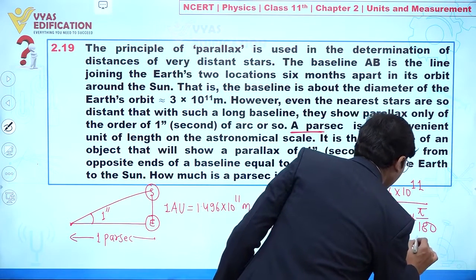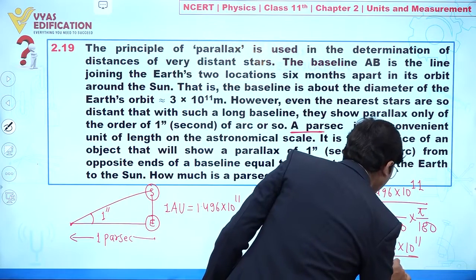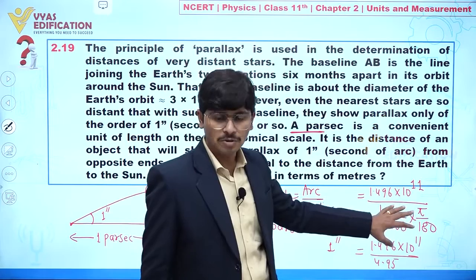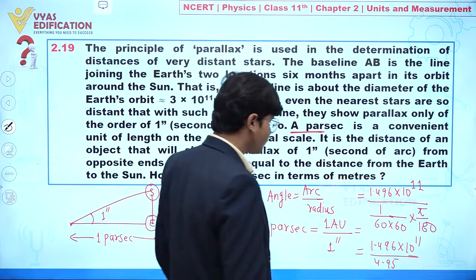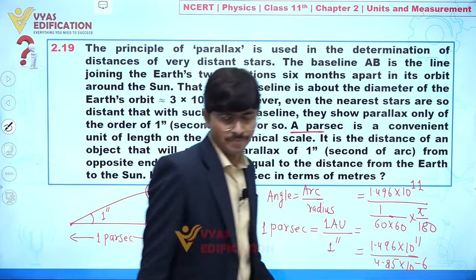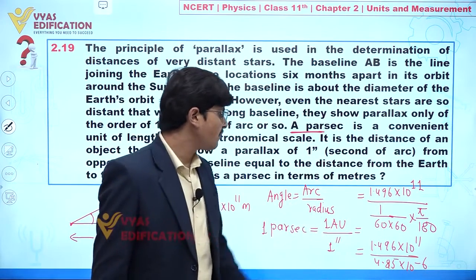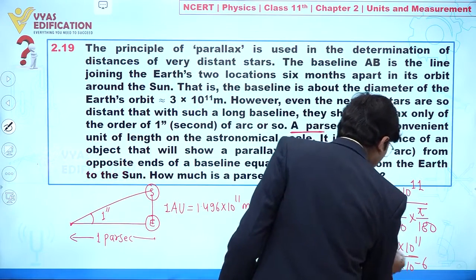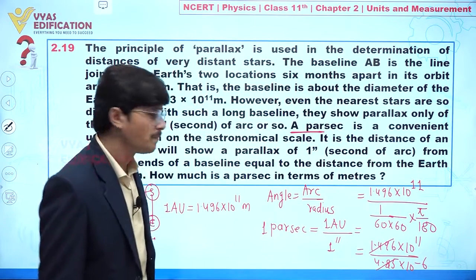1.496 into 10 to the power 11 divided by the denominator, which I am directly writing as 4.85 into 10 to the power minus 6. So from here you can say this is equal to near about 3.